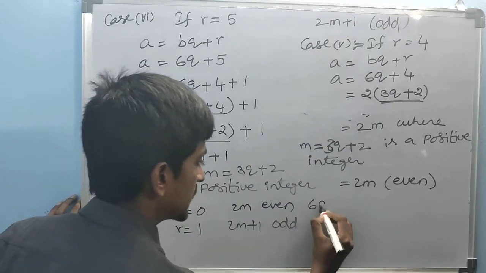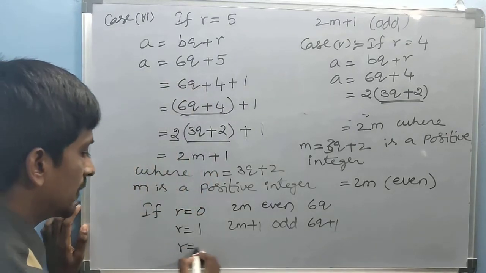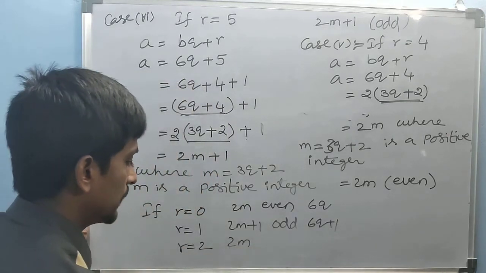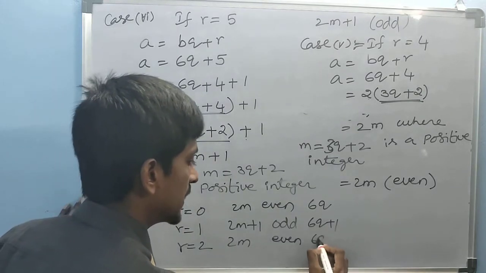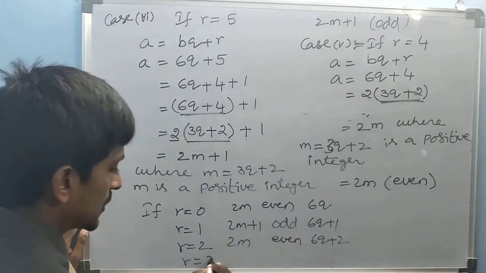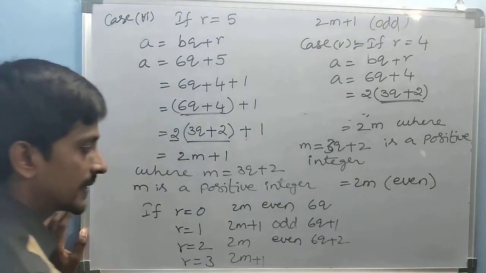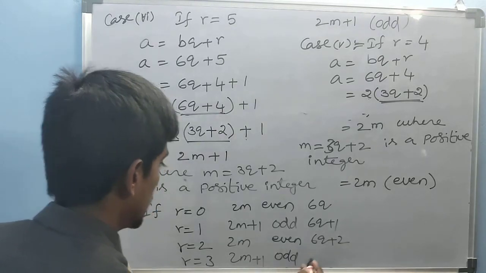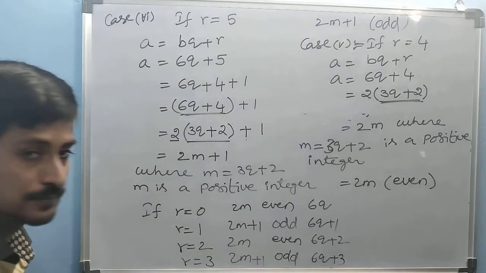This is 6q plus 1. r equals 2 is also the 2m, even form. This is 6q plus 2. r equals 3 is the 2m plus 1 form, an odd number. So 6q plus 3.